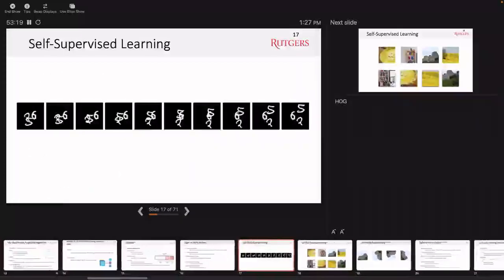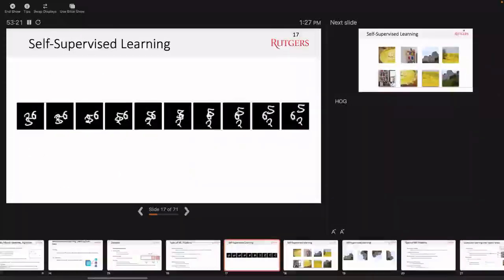So this is the typical example that I mentioned. You have a video. This is called a moving MNIST data set. You have 3 digits moving around the screen. So this is the video, right? This is the data.